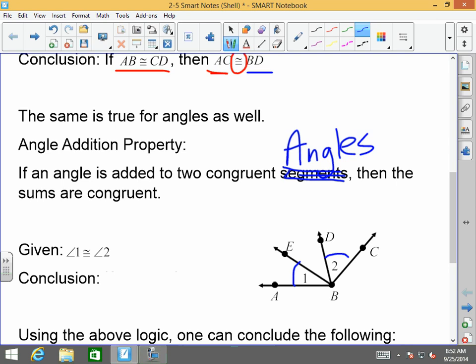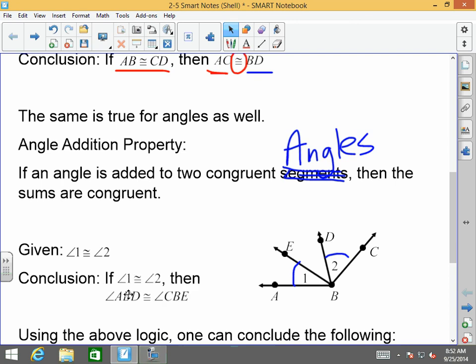What do you think I can conclude, being that I have that angle DBE in the middle? What do you think I can conclude from this if I tell you that angle 1 is congruent to angle 2? Angle ABD will be congruent to angle CBE. Absolutely. Why?